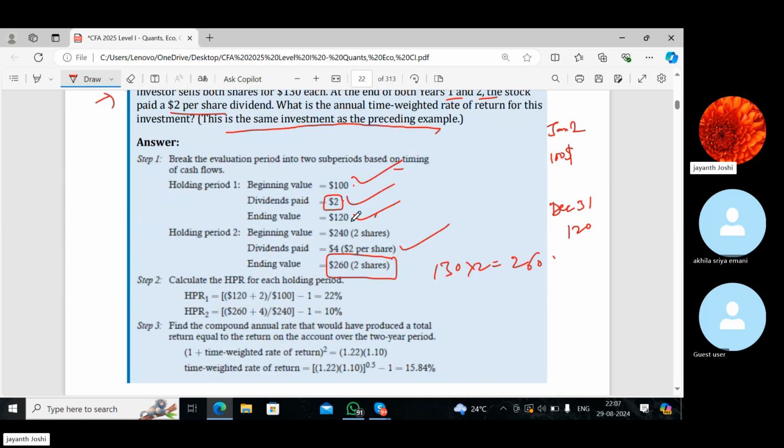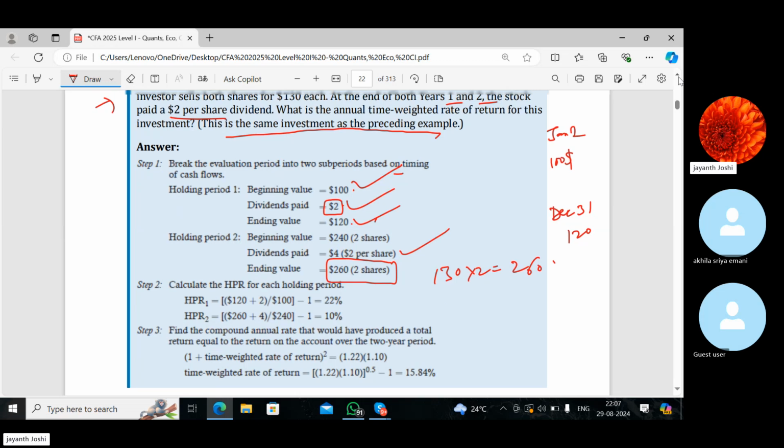So that value is increasing. There is no data about that. How come these people are giving such a thing? It's a big question mark.